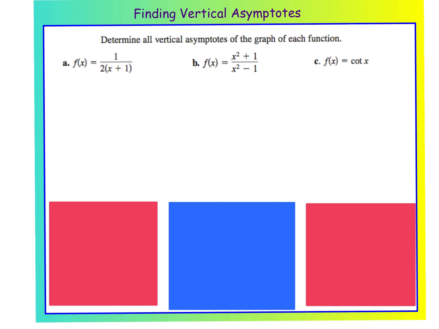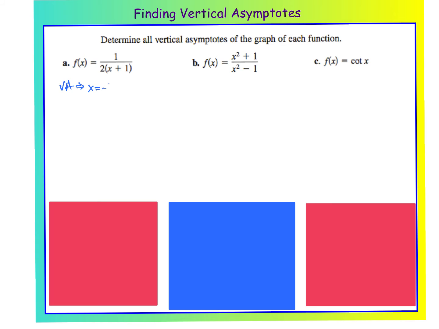Let's do these. So we're going to find all the vertical asymptotes, and we're going to kind of talk about the graphs of them. So the first one I have is 1 over 2 times x plus 1. Where's my problem area at? Negative 1. So I have a vertical asymptote at what?